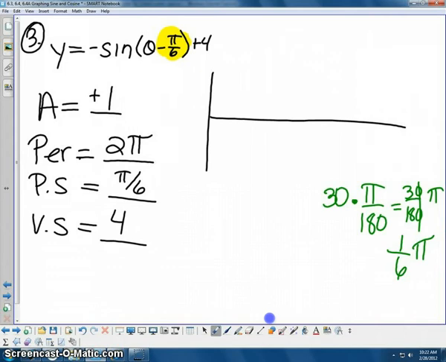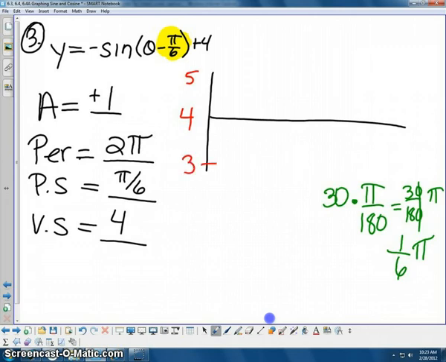We don't usually include the negative. The negative means that the curve is going to go down. It's an inverse curve. But the amplitude is always the absolute value. Amplitude is how much higher it goes, and it's a distance. So our amplitude is usually positive because it's showing a distance. With our amplitude, we start here at 4, but from that, we're going to go up 1 and down 1.